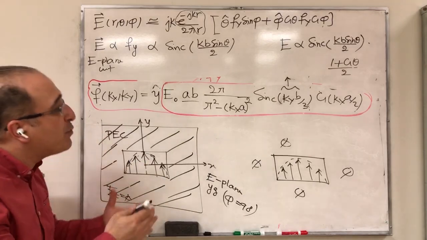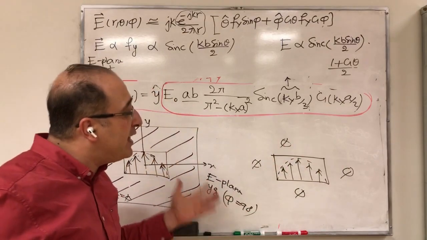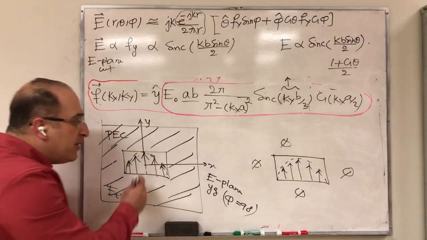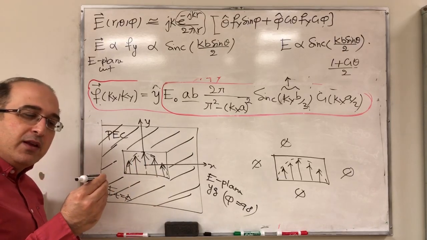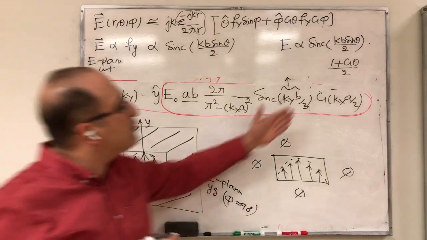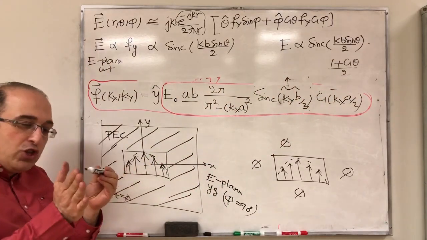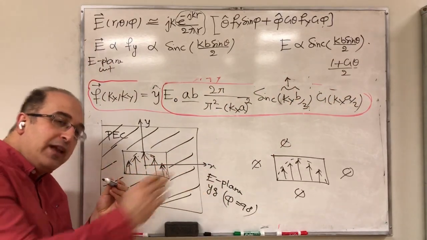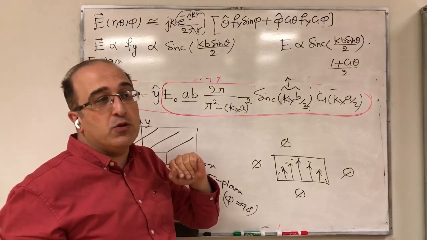So this approximation, if you just assume outside is 0 without having PEC, is a good approximation when you are right on the main beam, because essentially this becomes 1 plus 1 divided by 2. And then as you diverge from your main beam, this becomes more different compared to this one.